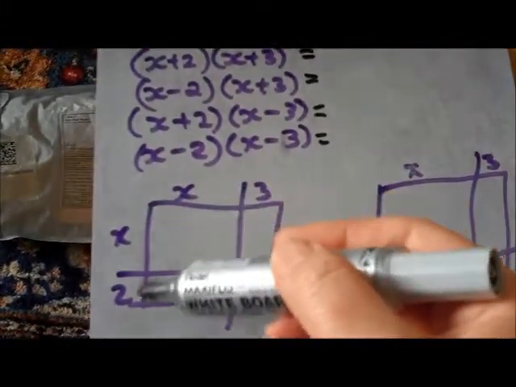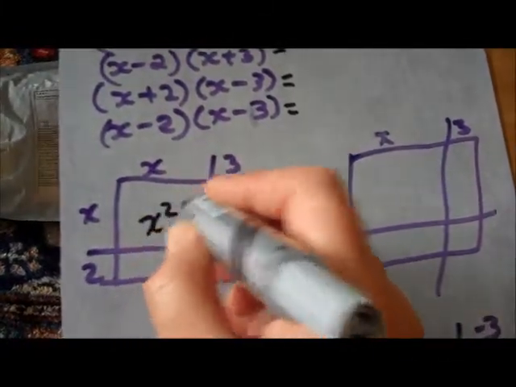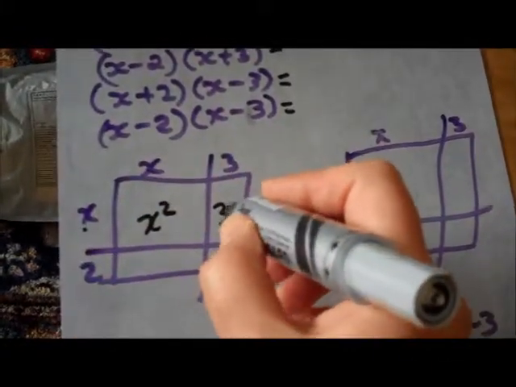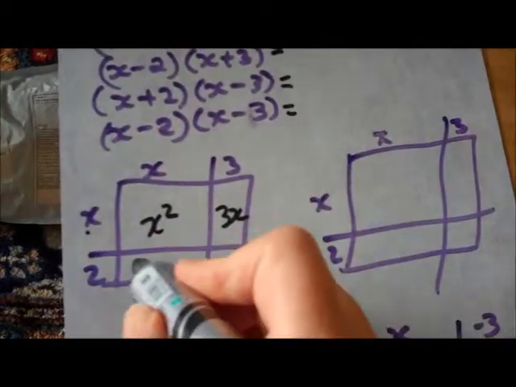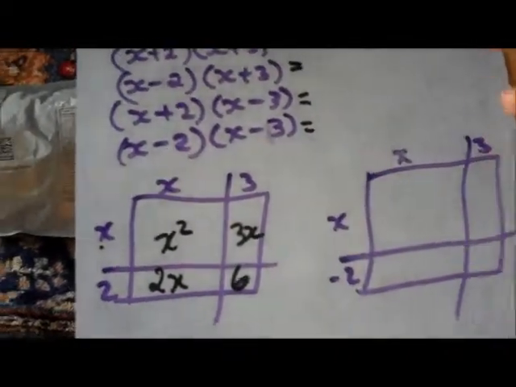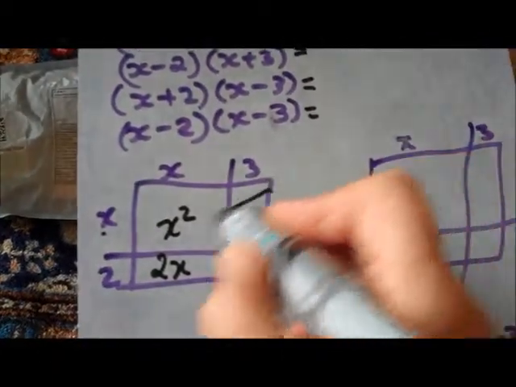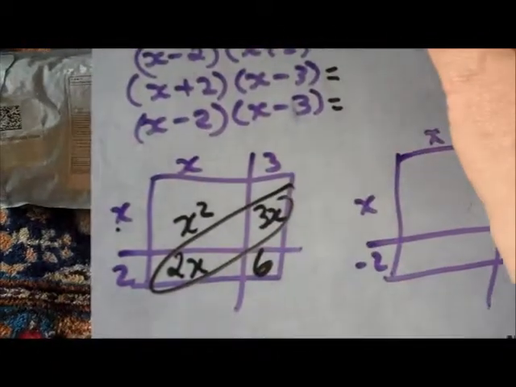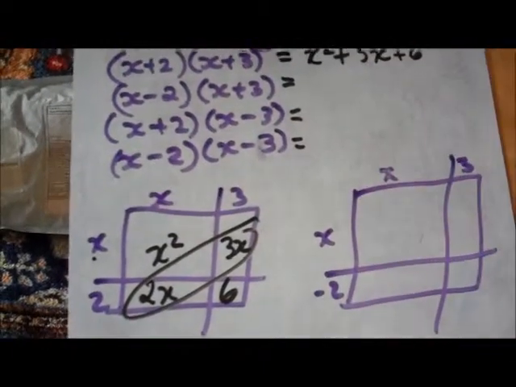X times x is x squared. X times 3 is 3x. 2 times x is 2x. 2 times 3 is 6. Can you see that these two are like terms? So it's going to be x squared plus 5x plus 6.